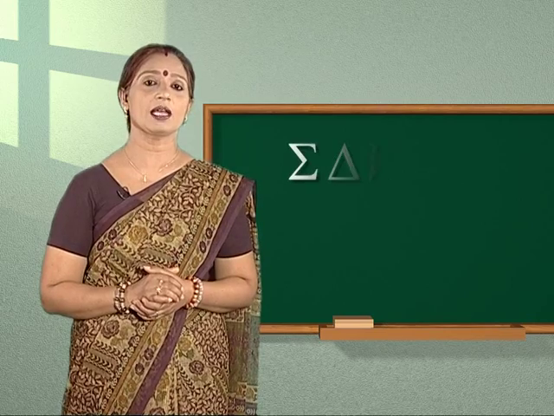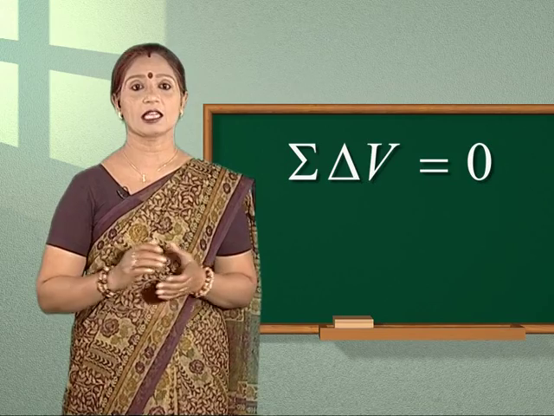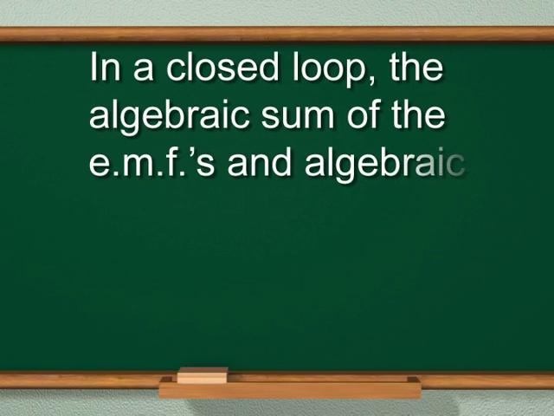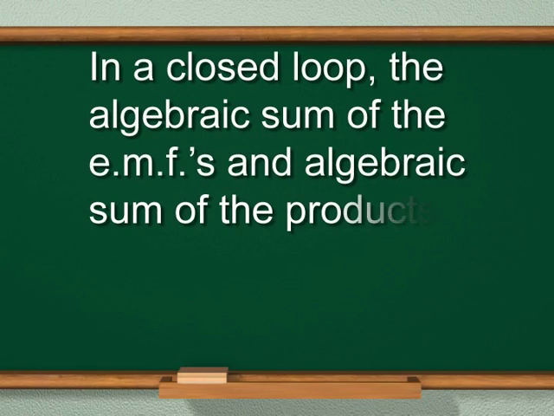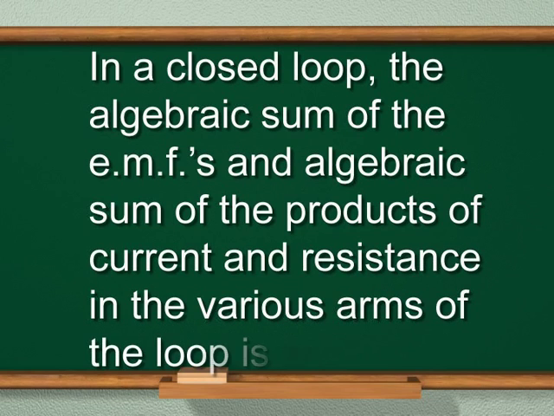That is, sigma delta V is equal to 0. It means that according to Kirchhoff's second law, in a closed loop, the algebraic sum of the EMFs and algebraic sum of the products of current and resistance in various arms of the loop is 0.